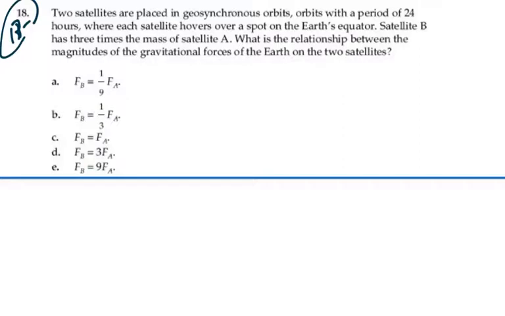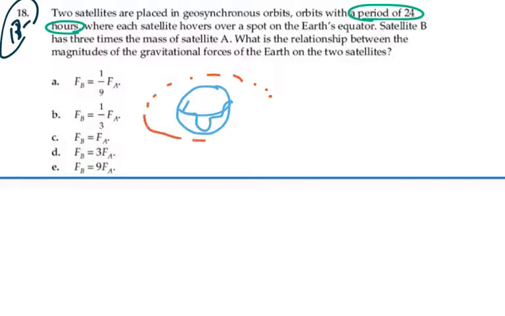Well, if these two satellites have the same period, by Kepler's third law, they have the same radius of orbit. So in a sense, if we were to graph this, here's the Earth, and we have these satellites in orbit here, and here's satellite A and B, which is bigger, and they have the same radius of orbit.